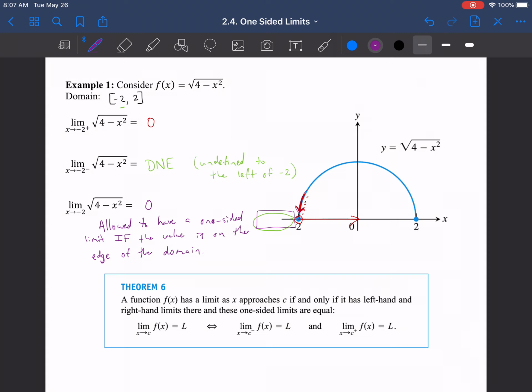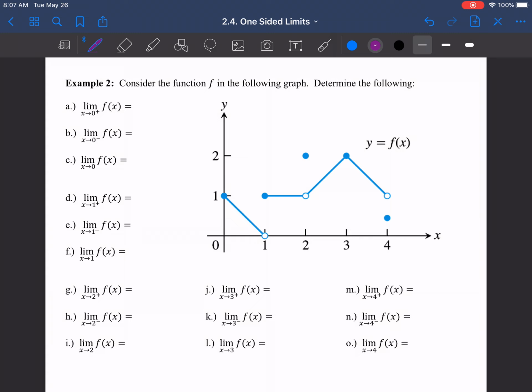So our two-sided limit is going to be true if this one-sided and this one-sided are both equal to each other, if that makes sense. They both go to the same value, then our two-sided limit will have that same one. Exception being on the edge of the domain, where one can be does not exist.